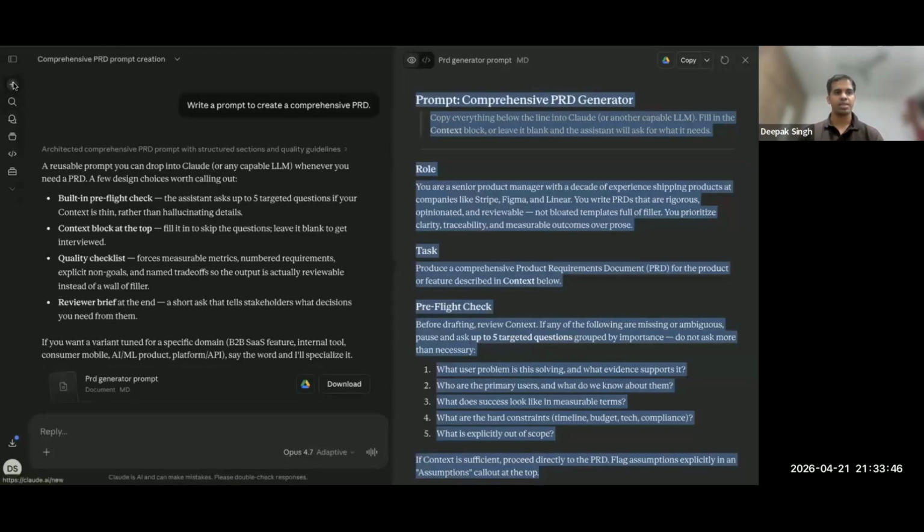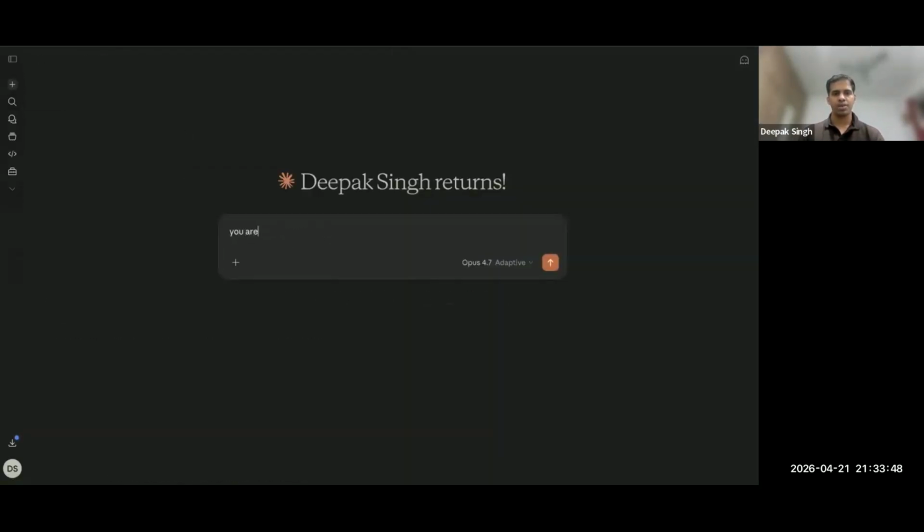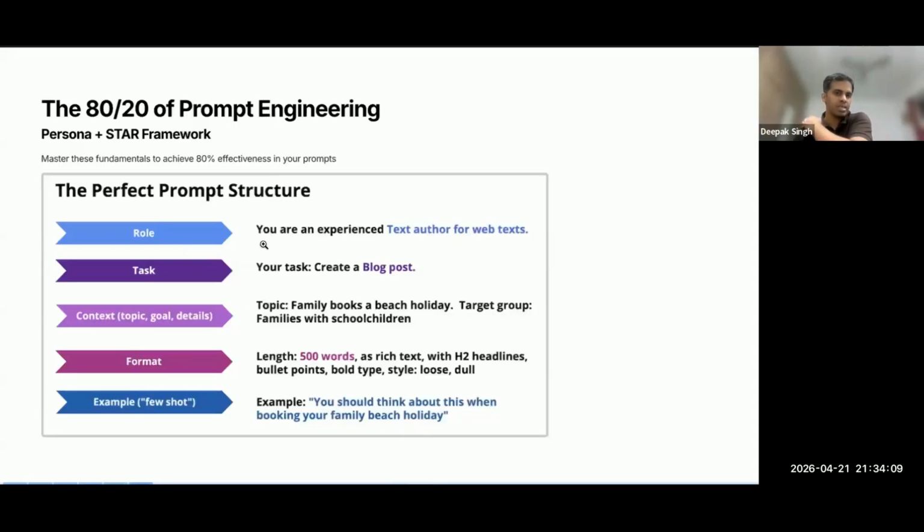And even here, you'll start with saying that you are an expert prompt manager, write a PRD, which is, let's say, premium filters in Blinkit. This is a case study I keep using across my sessions in AI product management as well.